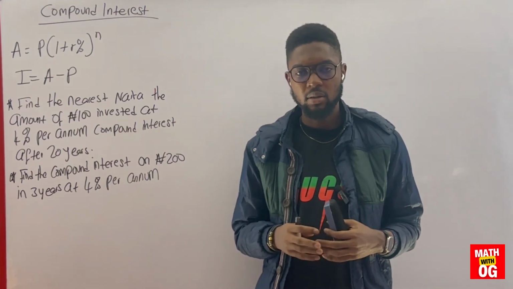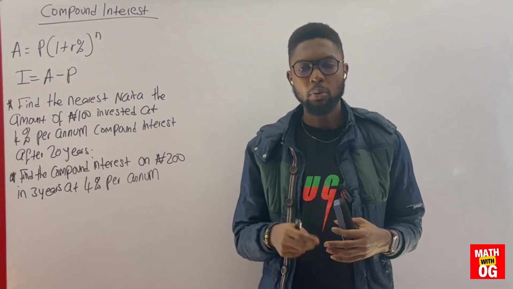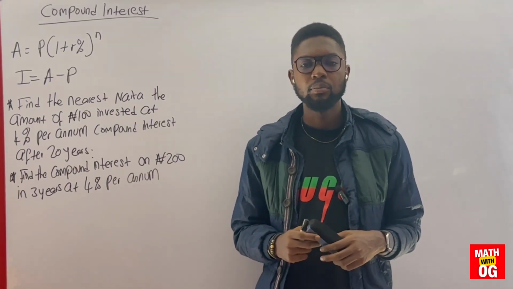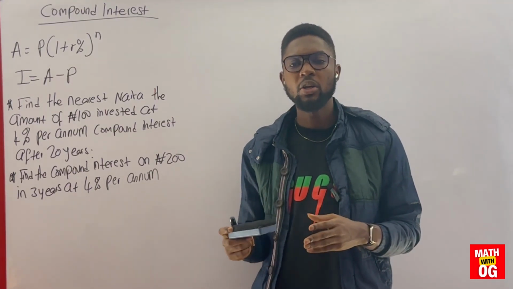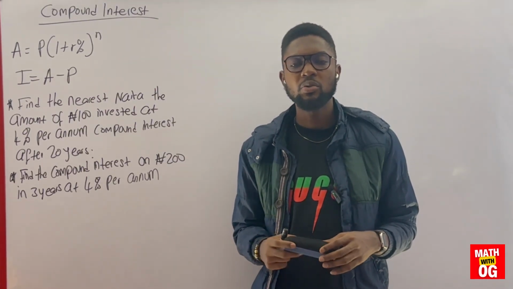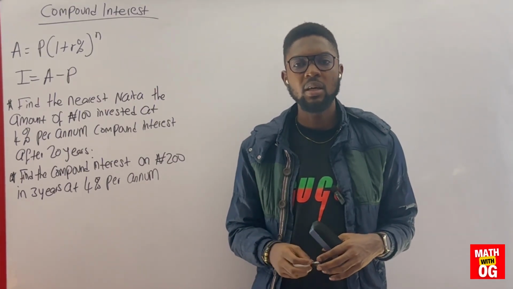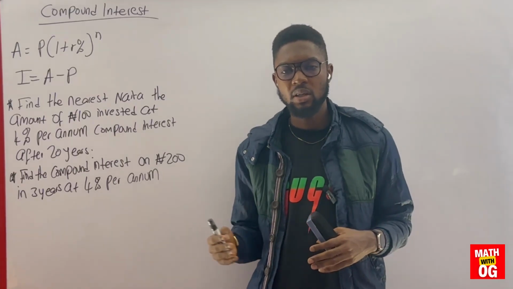So let me give you a typical example. You put your money in the bank, let's say 100,000 naira, and your interest rate is 10%. If your interest rate is 10%, it means that at the end of the first year, you are going to make an additional 10% of 100,000 naira.